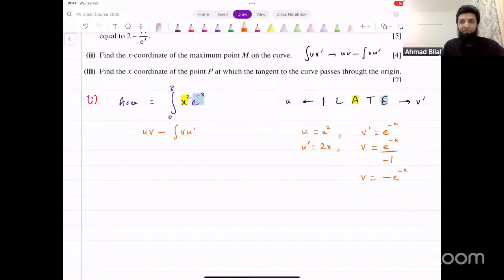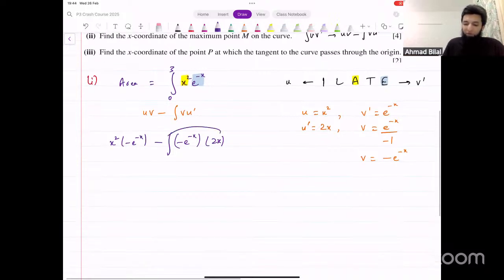So now we've got everything that we need. Let's input these values here. In place of u, input x squared. So you get x squared times v, which is minus e raised to power minus x, minus integral of v, which is minus e power minus x, times u dash, which is 2 times x. We want to integrate this with respect to x now.